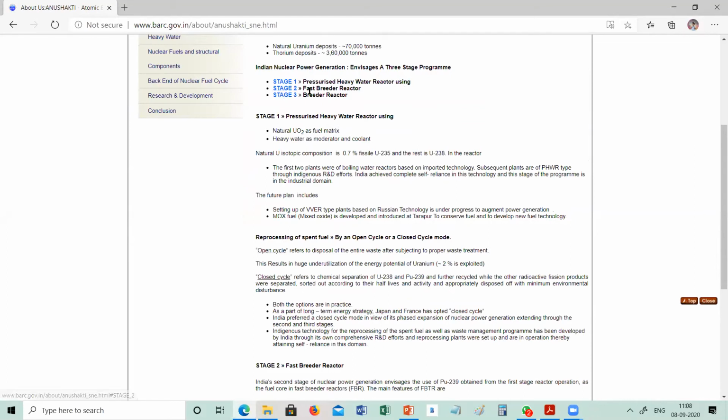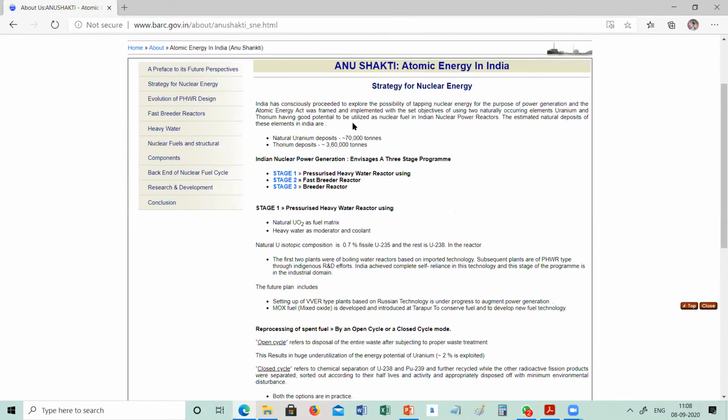In stage 2, fast breeder reactors are used, where uranium-233 will be produced. In stage 1, plutonium will be produced. In stage 2, uranium-233 will be produced. In stage 3, thorium can be used. The natural uranium deposits in India are around 70,000 tons, and the thorium deposits are around 3,600 tons.